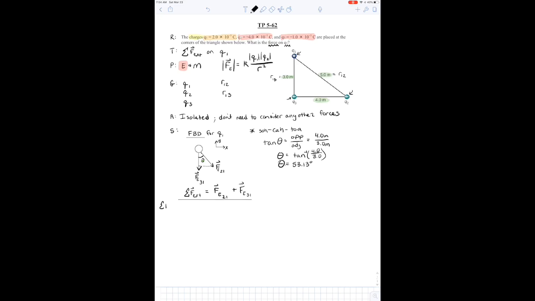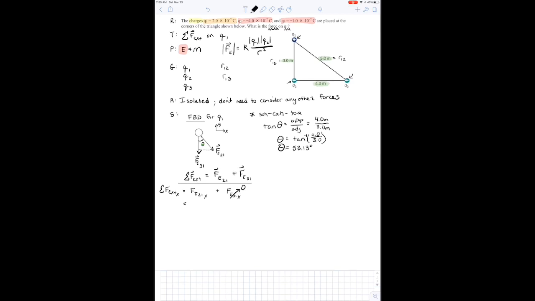So I'm going to have the sum of all external forces in the x direction. That's going to equal my electrostatic force from charge 2 acting on charge 1 in the x direction, plus my electrostatic force coming from charge 3 acting on charge 1 in the x direction. Well, first up, the electrostatic force coming from charge 3 acting on charge 1 has no x component, so that goes straight to 0. So that means I'm left with only the electrostatic force coming from charge 2 acting on charge 1.